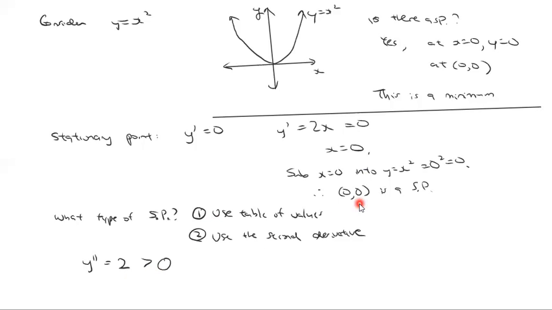So it's a stationary point, but because the second derivative is greater than 0 and it's concave up, that allows me to then deduce, without knowing what it looks like, that 0, 0 is a minimum. Does that make sense? Yes. Good.